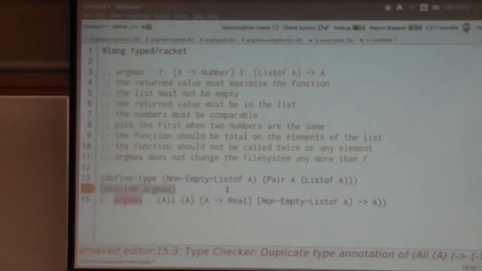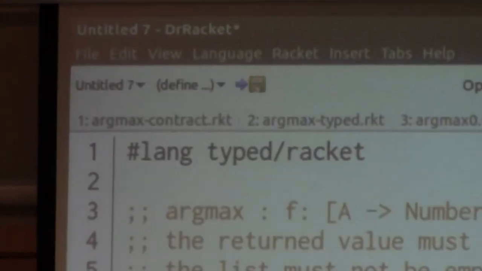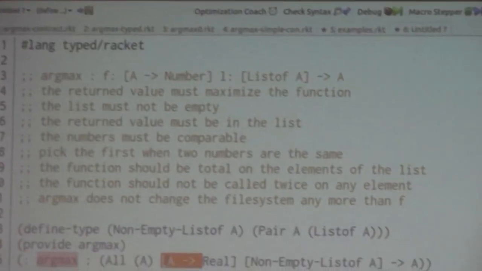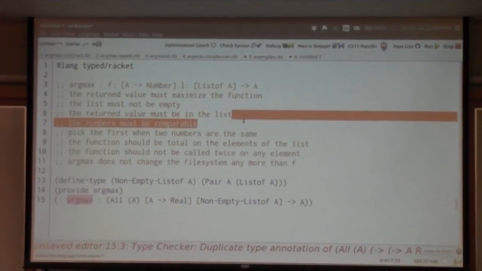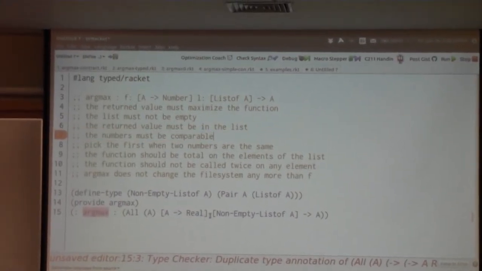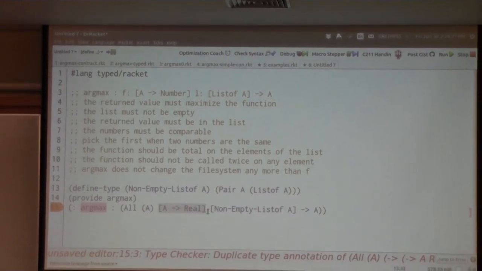And so here, we've done a couple of things in this specification. We've taken care of the numbers having to be comparable, because the reals are totally ordered. I can say that since Frank left the room.